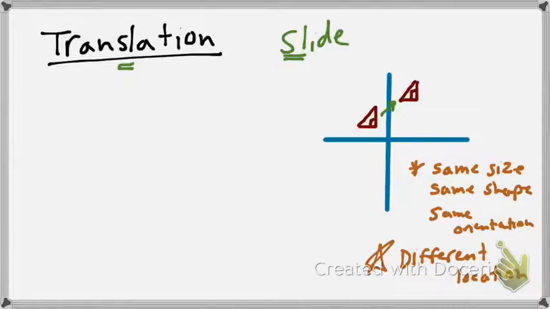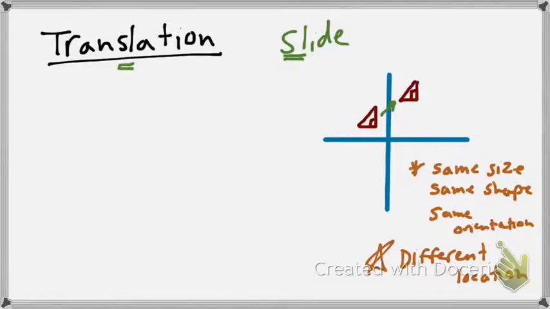the angles can't change. So when we do translations, a lot of times they'll say, you need to translate this figure 3 units up and 2 units left, or something along those lines. And on a coordinate grid, we could literally count those directions out, and we'll move every single point.